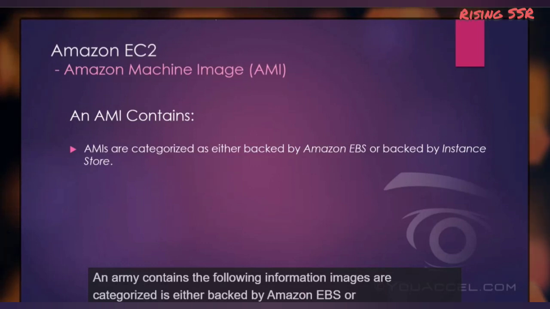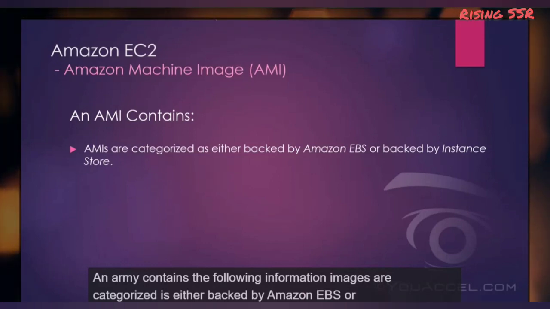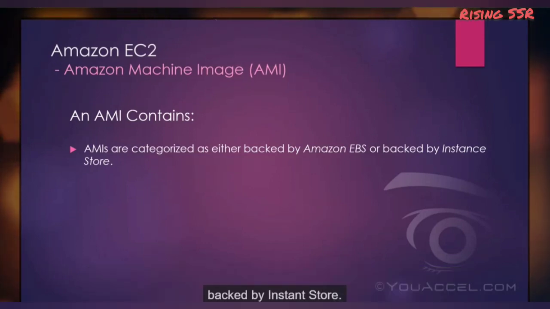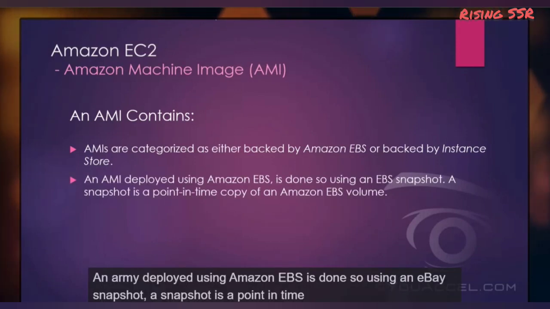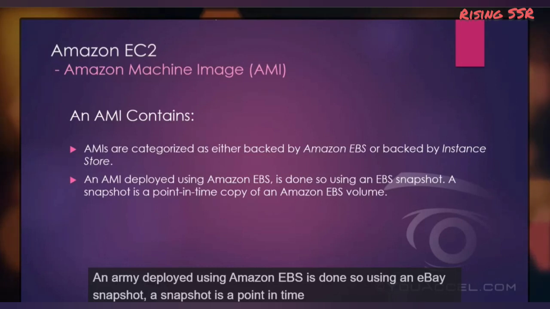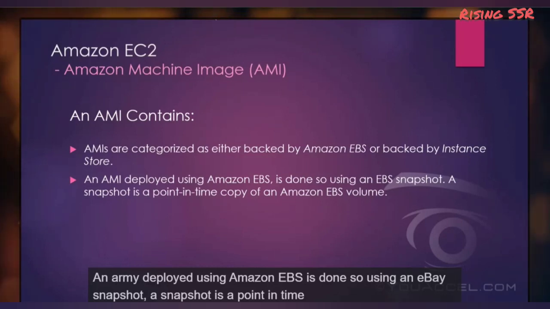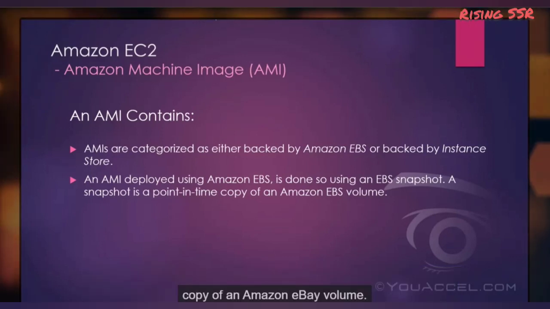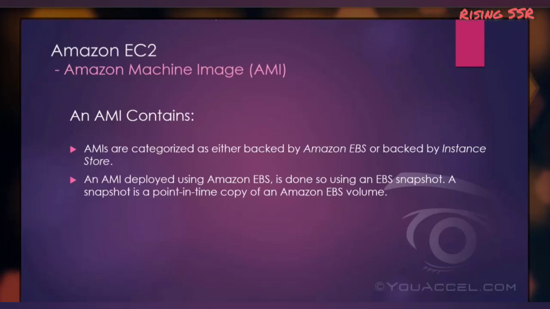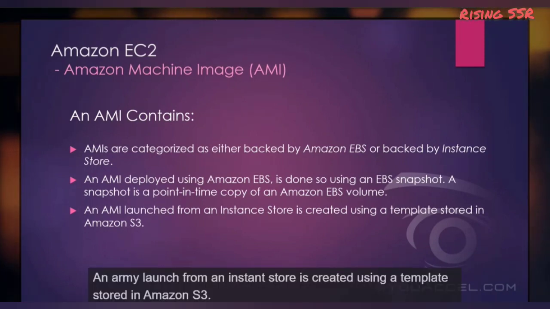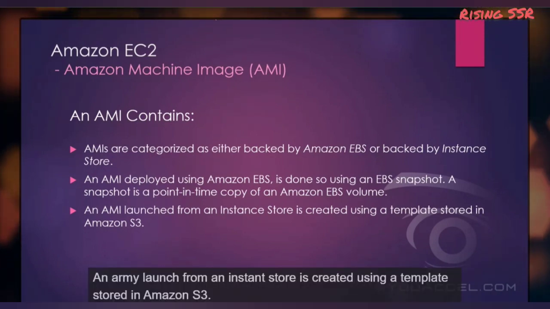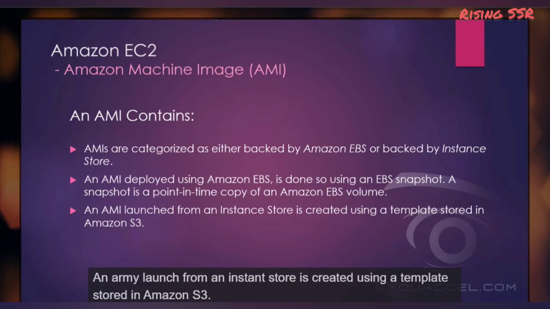AMIs are categorized as either backed by Amazon EBS or backed by Instance Store. An AMI deployed using Amazon EBS is done so using an EBS snapshot. A snapshot is a point-in-time copy of an Amazon EBS volume. An AMI launched from an instance store is created using a template stored in Amazon S3.